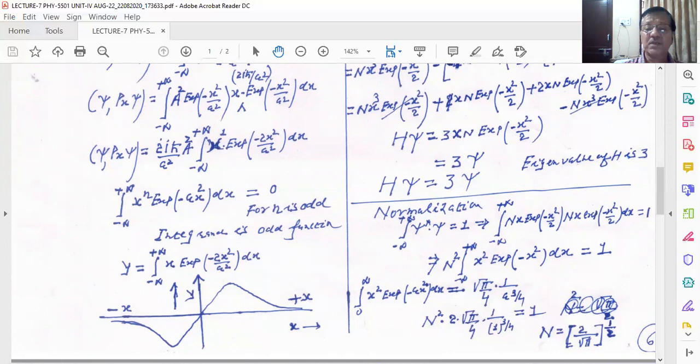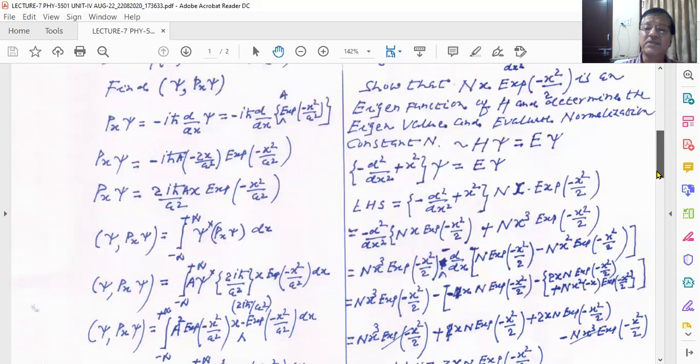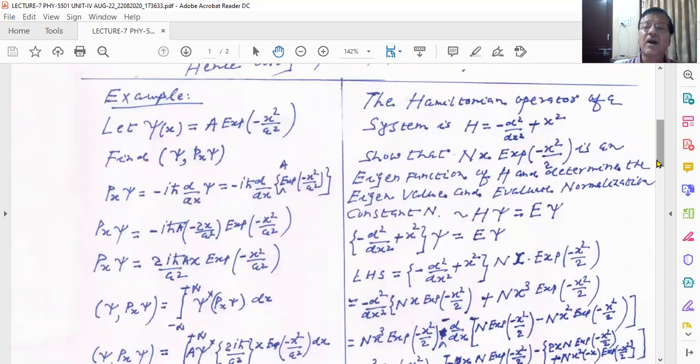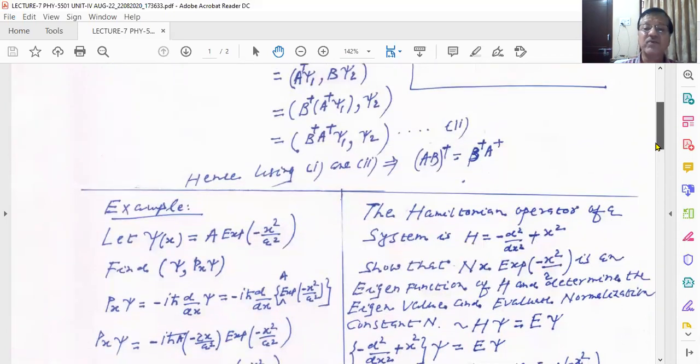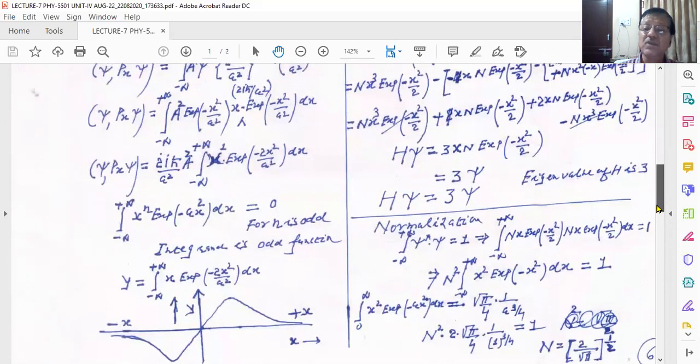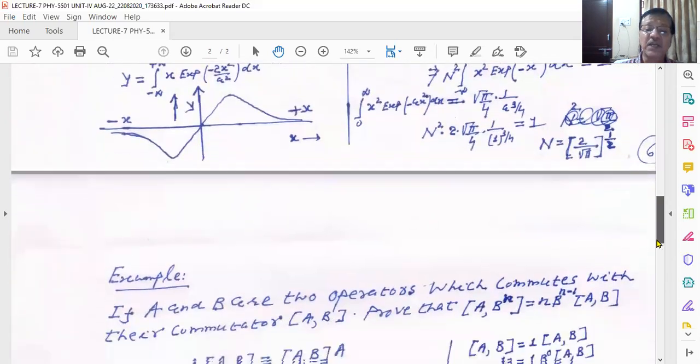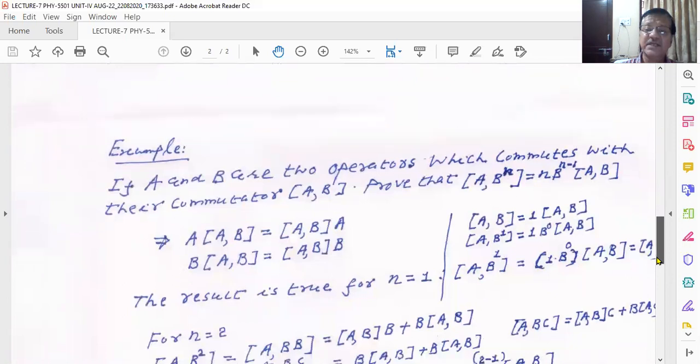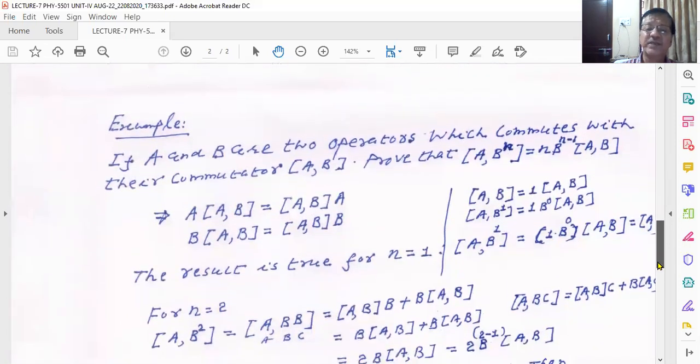I hope this problem will help you find the normalization constant. Of course, you work out problems in second year BSc to find the normalization constant. These problems will give you an understanding of how to find the normalization constant.